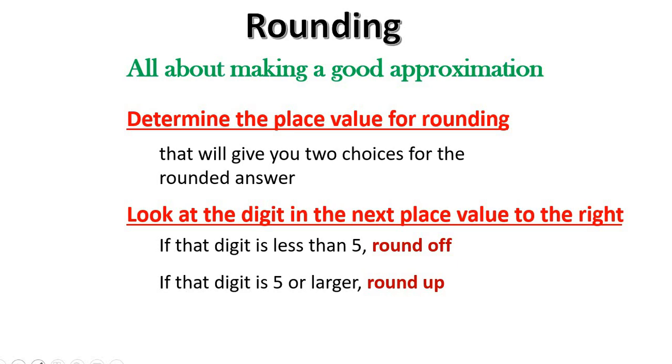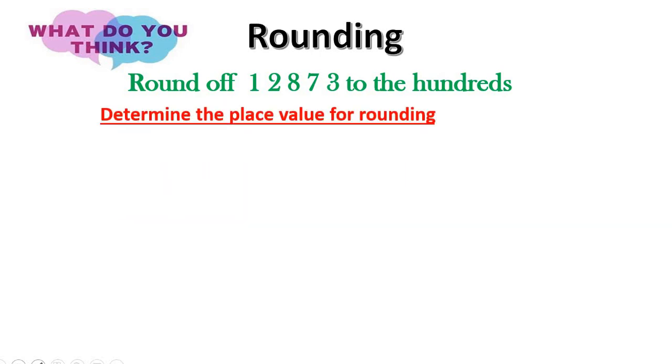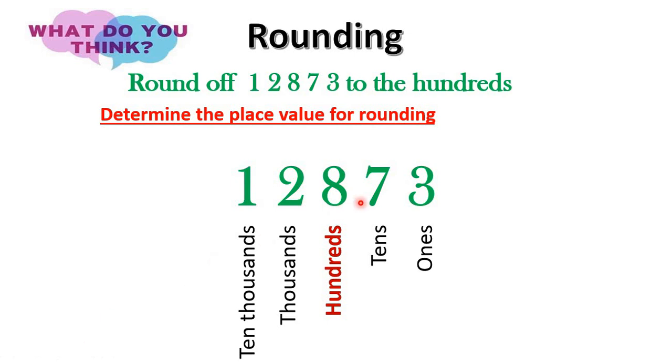Okay, so let's look at a couple of examples and see what that means. Alright, so I've got this number and it says 12,873, so we're going to round it off to the hundreds. So what's the first thing we need to do? Find that place value. That's number 1 on the hit parade. So there's my number again. Where's the hundreds? Oh, there it is right there, so I'm making note of that right now. That's what I'm going to be rounding off to.